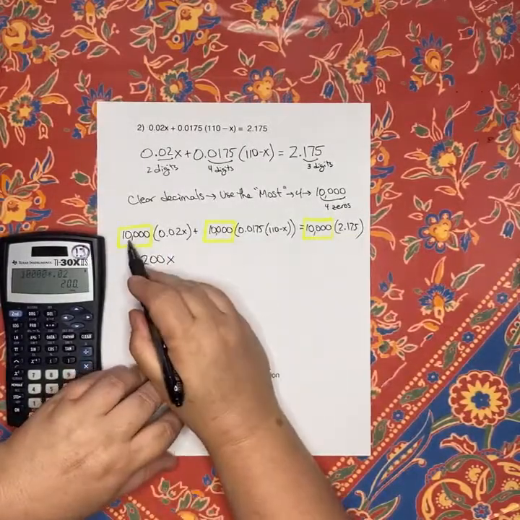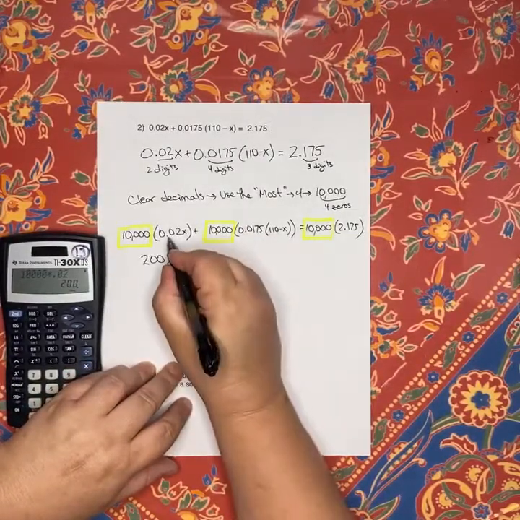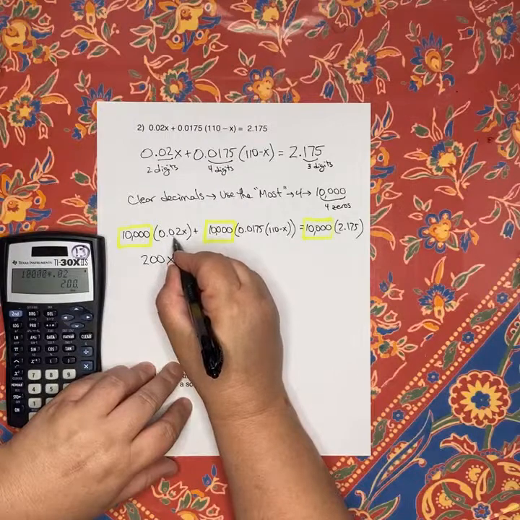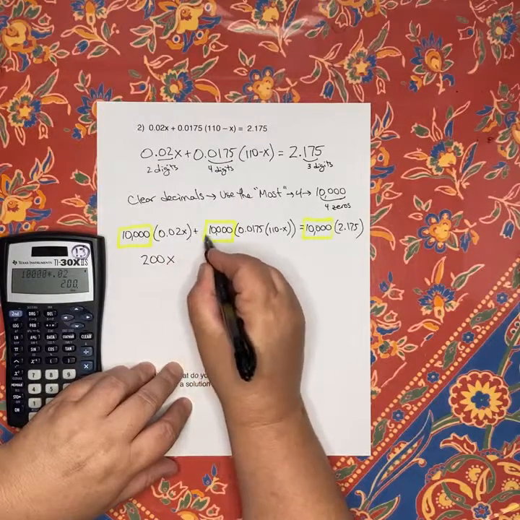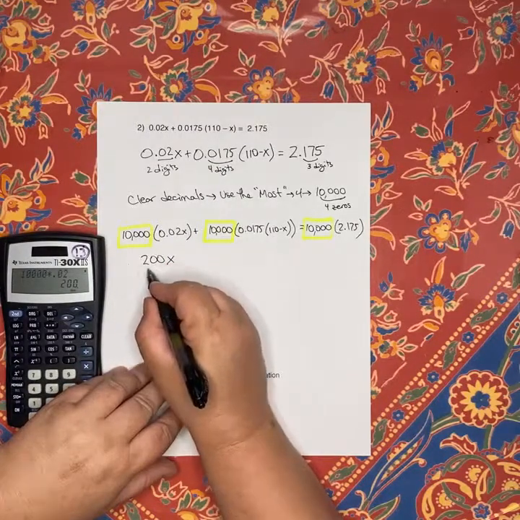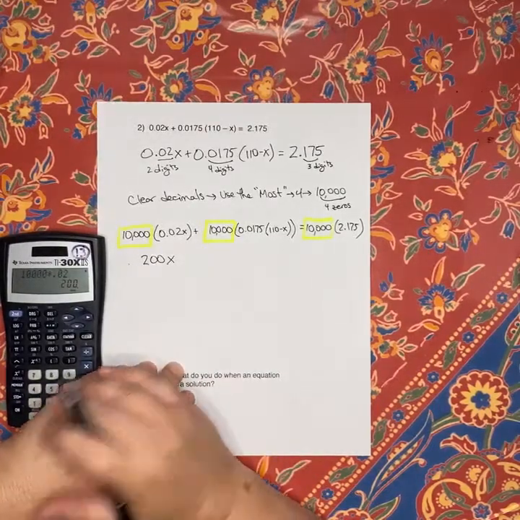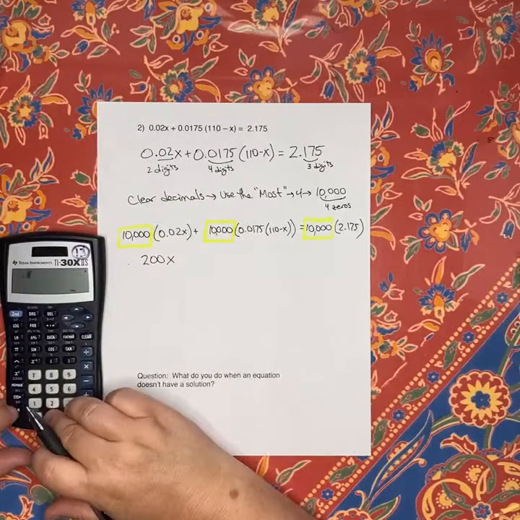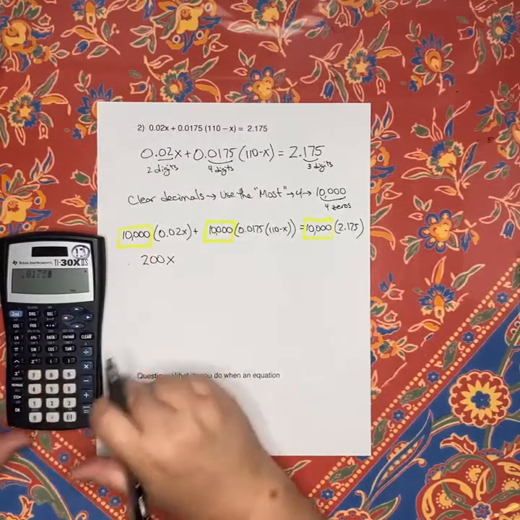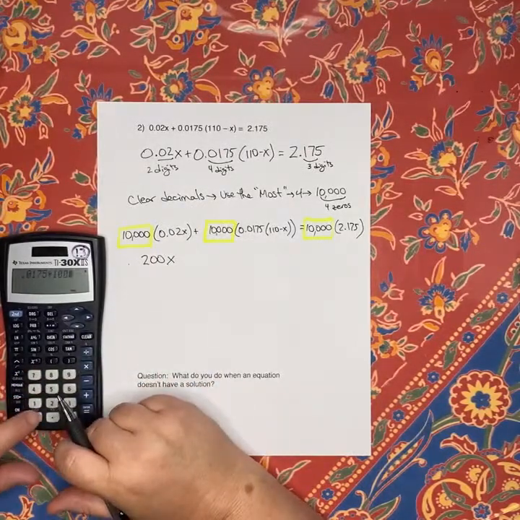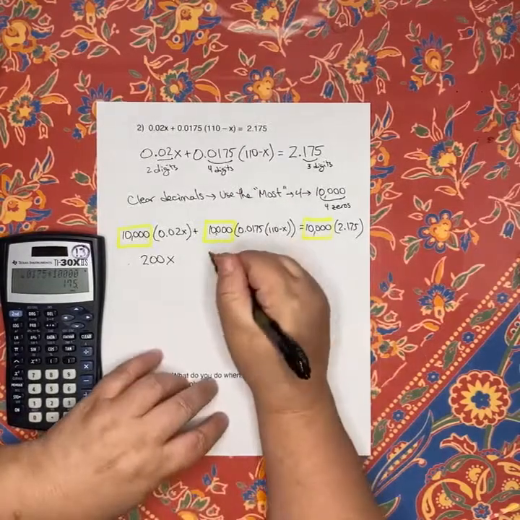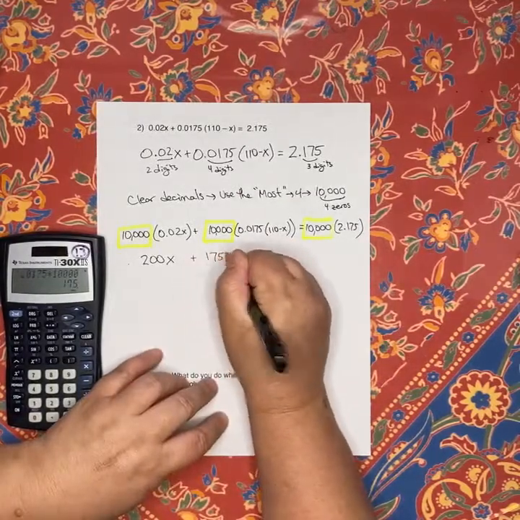Or, since there are 4 zeros, I can move the decimal 1, 2, 3, 4 places, and I would have ended up with 200. 0.0175 times 10,000 is 175.